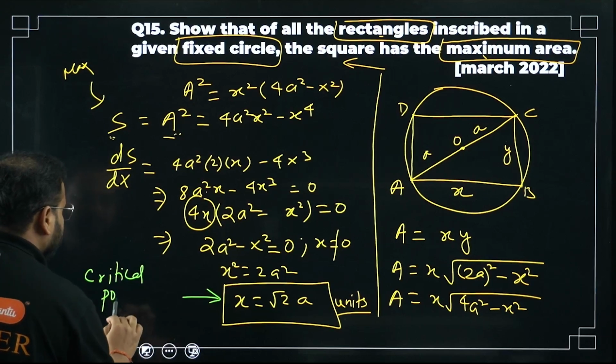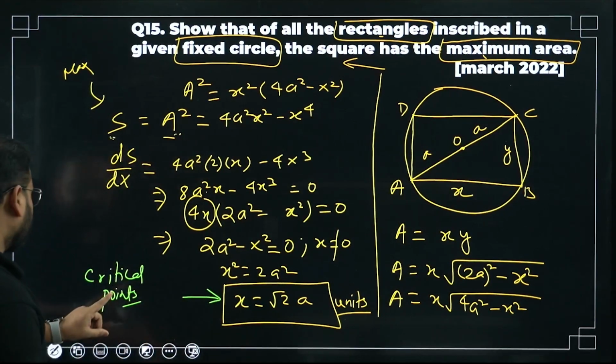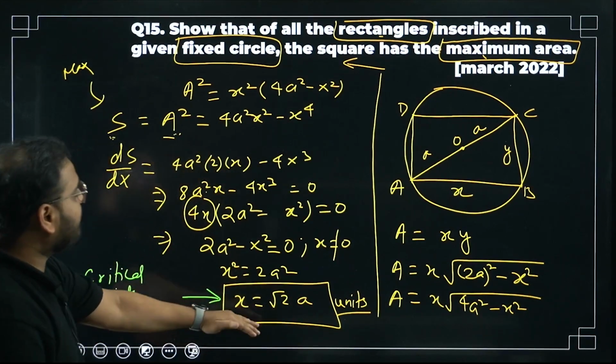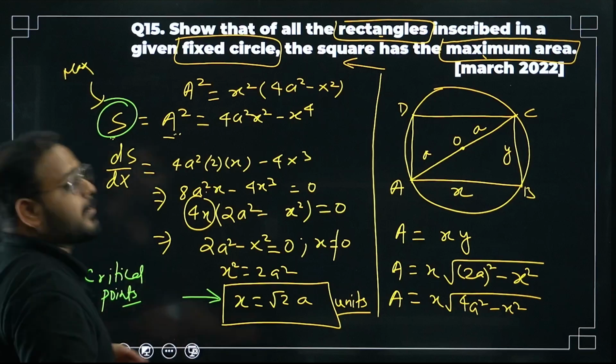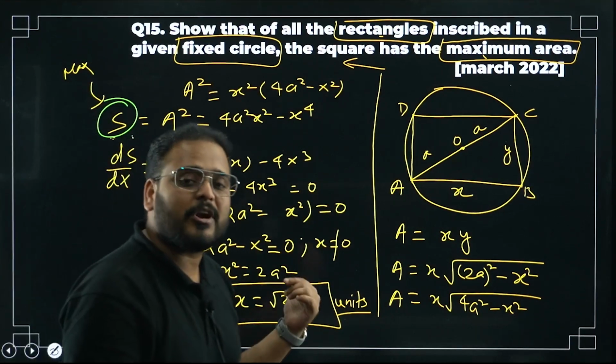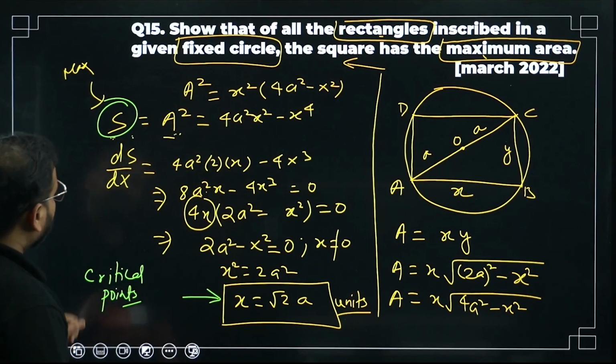So at this critical point, what is happening? I have only one critical point first of all. At this critical point, we have to check if this x is maximum. I'll repeat. If I can check this critical point is making S maximum, then that is my point of maxima. Yes or no? Great. So how can you find that?